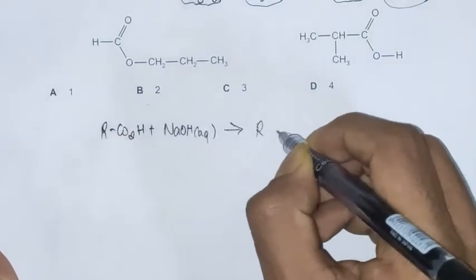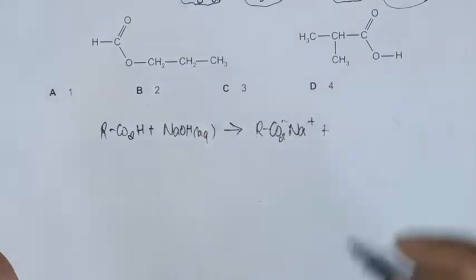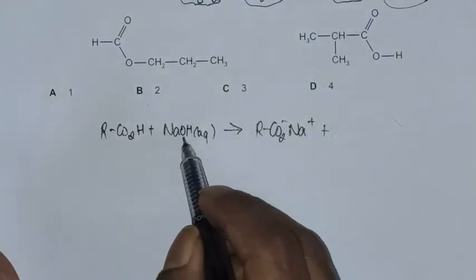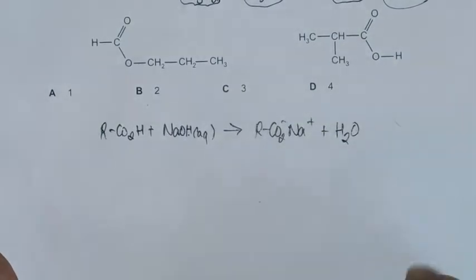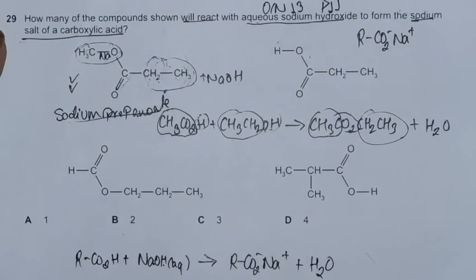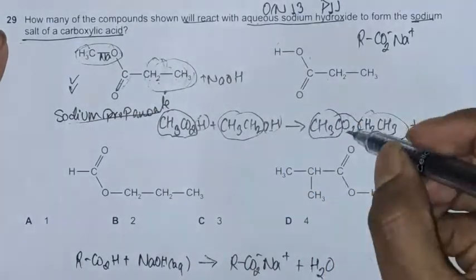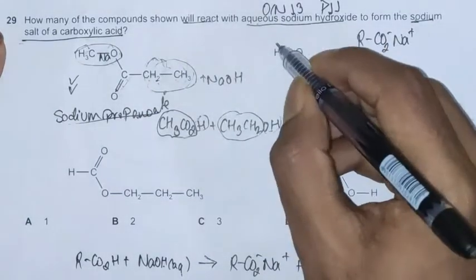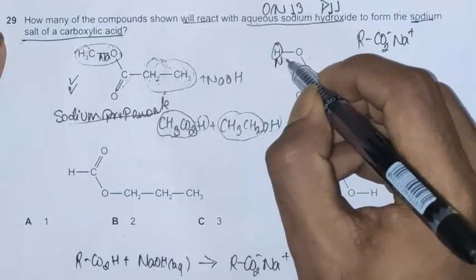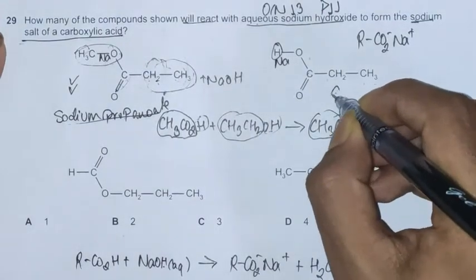This gives RCO2 minus Na plus plus water. Looking at this reaction, we have the same 3 carbon atoms, and this hydrogen is replaced with Na. That's all. So this is also sodium propanoate.